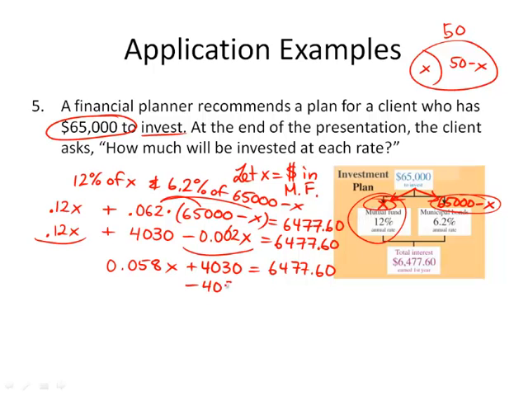Let's subtract the 4,030 and we get 6477.6 minus 4,030. I get 2,447.60. Now we want to divide that by 0.058.